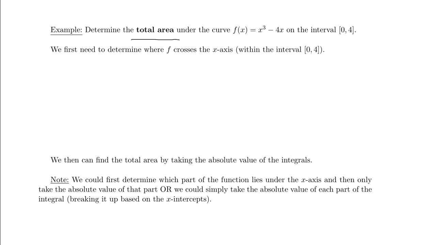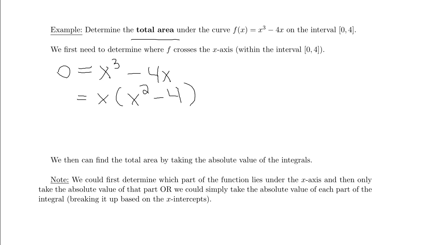So when we're asking about finding where something crosses the x-axis, we're asking for the x-intercepts. So we set our function equal to 0, and we factor it. So x cubed minus 4x is set equal to 0. We can factor out an x, and we're left with x squared minus 4.